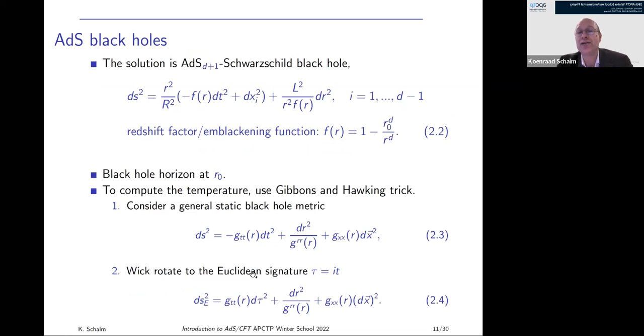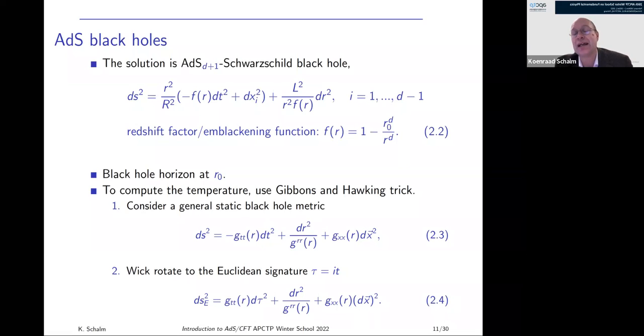And the solution to this is actually very well known. This is the AdS D plus 1 Schwarzschild black hole, right? Which has the following metric. There's a ds squared, and this is in Poincare coordinates, where now the boundary is not at z is 0, but the boundary is at r is infinity.